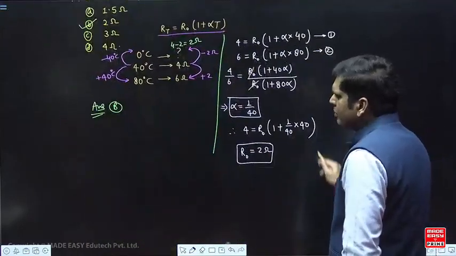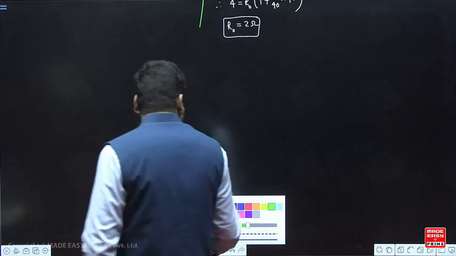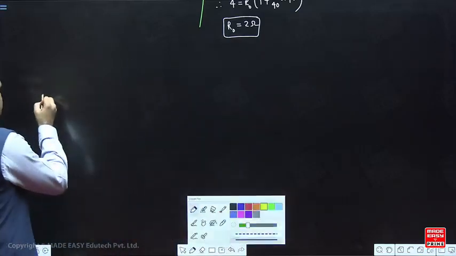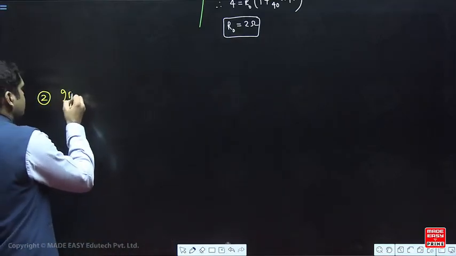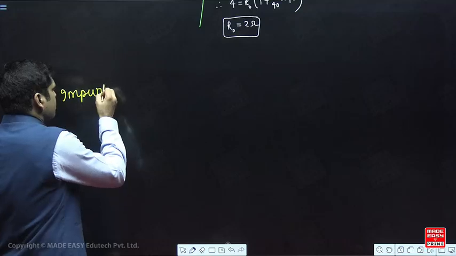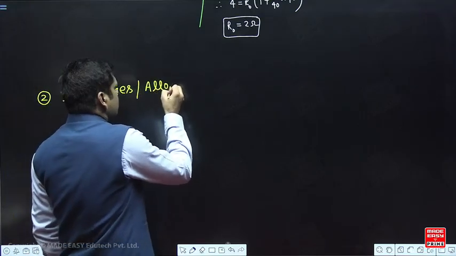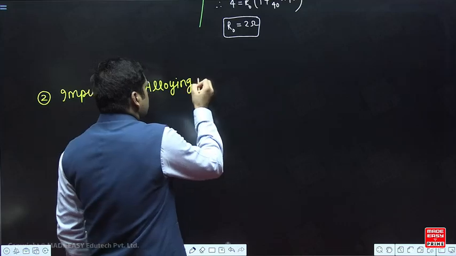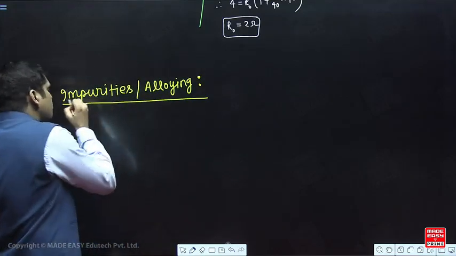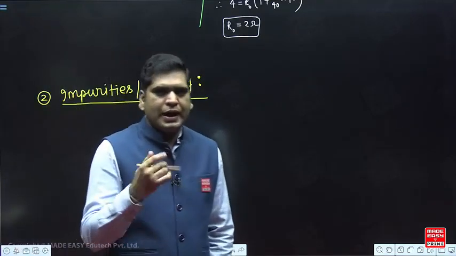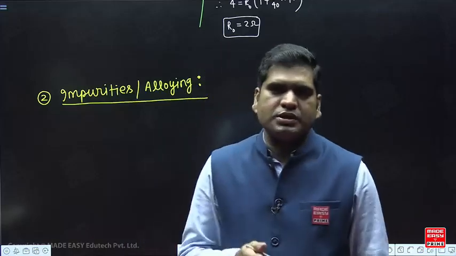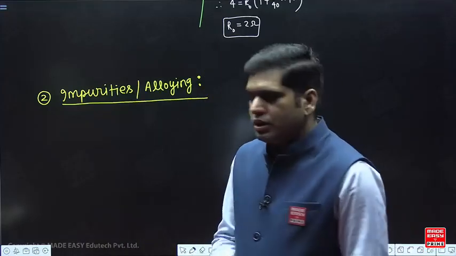Temperature was the first factor. The second factor which is going to affect the resistivity is impurities. That is alloying. When we mix two metals, then an alloy is formed, and this process is known as alloying.